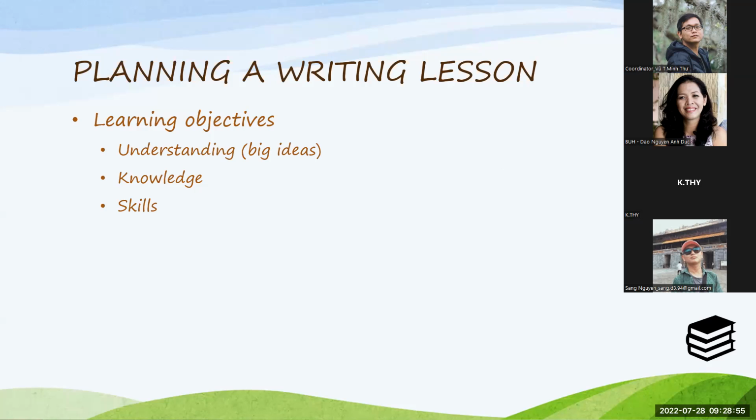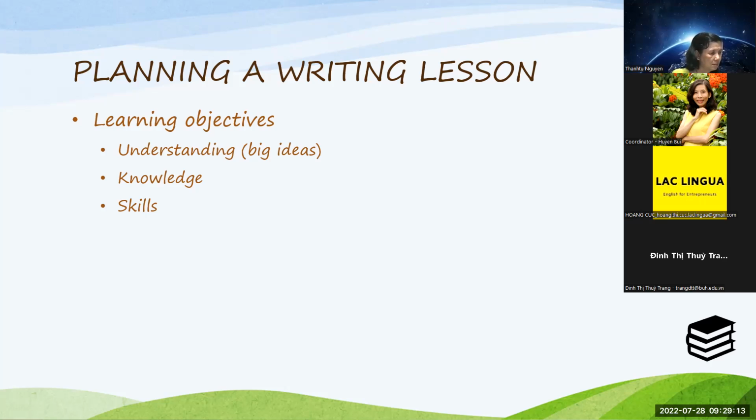Students will be able to use adjectives to describe personality. Will be able to do something, to use something, to produce something. So that's it about the skills. When we plan the objectives, you have to think of understanding, knowledge, and then the skills. Okay, right. So that's the first thing for your lesson plan.